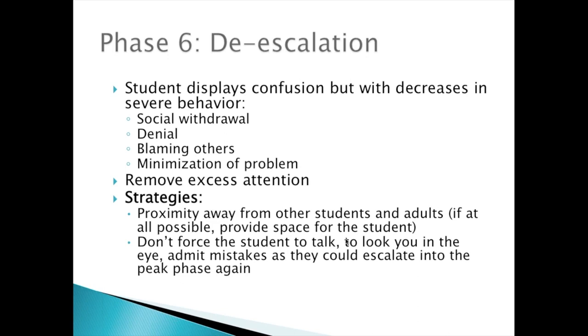Do not force the student to talk, according to Colvin's research, or to look you in the eye at this point or admit mistakes. This could cause escalation back into the peak phase again. So this de-escalation is about removing excess attention, providing a safe environment to just come down from that peak and not having to answer a number of questions right away or look folks in the eye, etc.